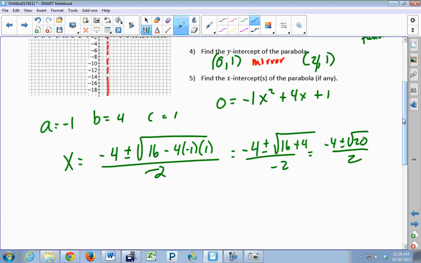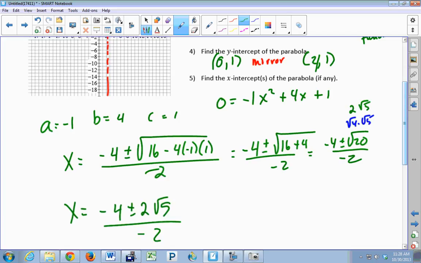We can simplify the square root of 20: square root of 4 times square root of 5. Square root of 4 is a perfect square, so that's 2 square roots of 5. So x equals negative 4 plus or minus 2 square roots of 5 all over negative 2, which is 2 plus or minus the square root of 5 when you simplify it.